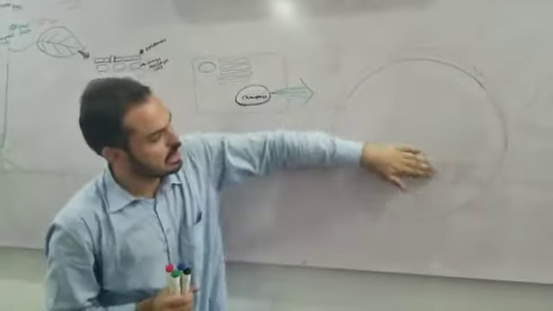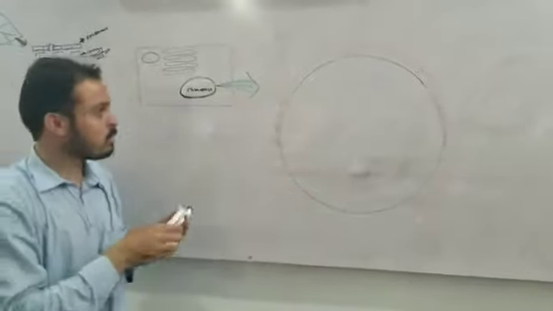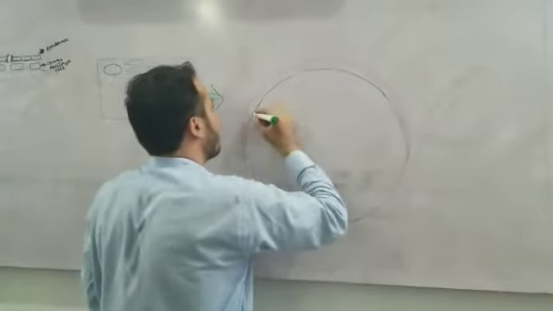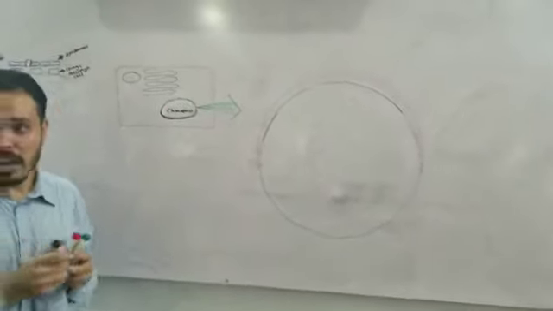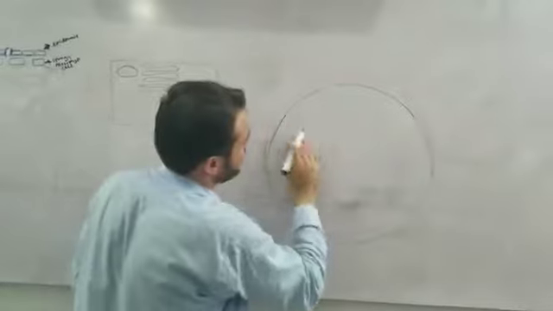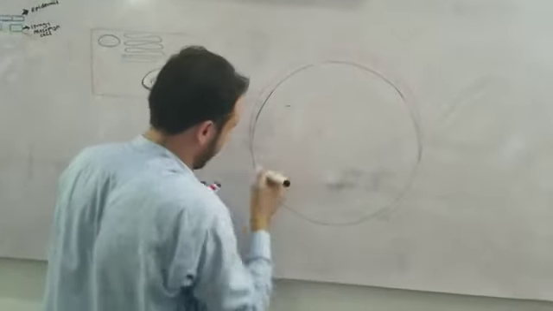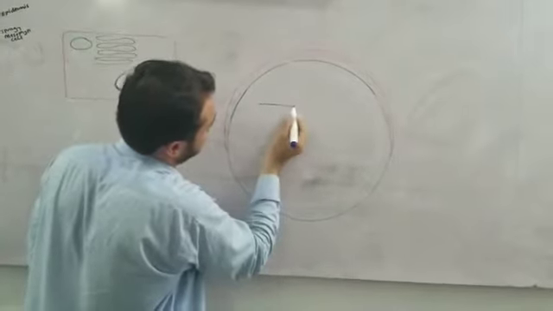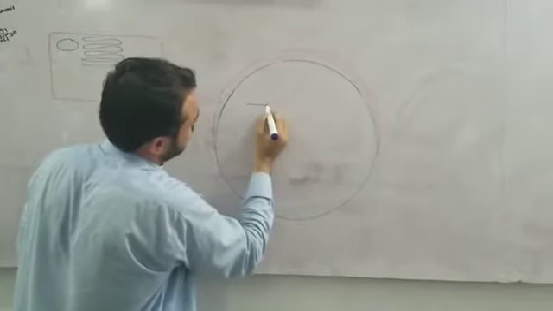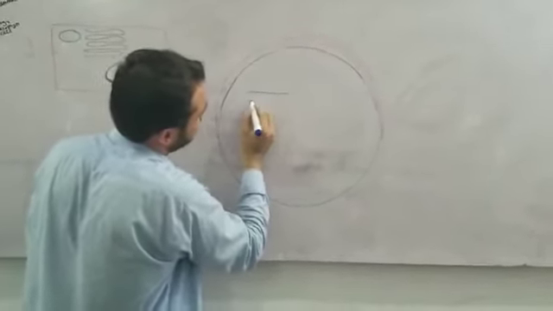Now inside of these two membranes, what are there? There is a membrane-like structure, and these membrane-like structures are called thylakoid membrane.